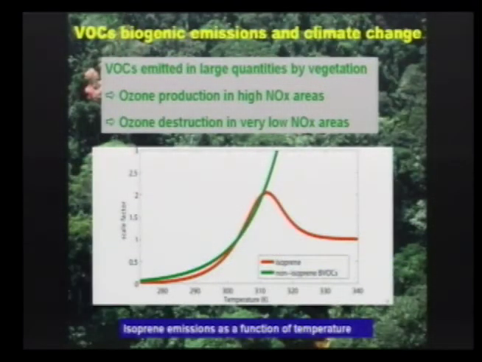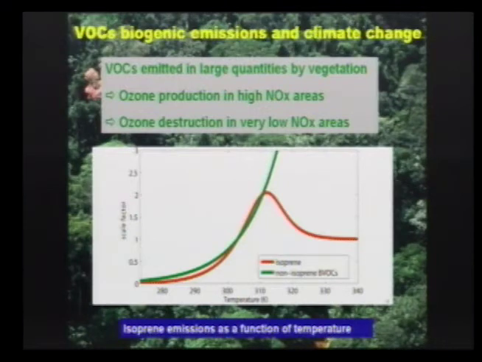If we look at organic compounds such as isoprene, which is a precursor of ozone and perhaps also of aerosols, and we look here at the red line, we see a large change in the emissions as a function of the temperature of the leaves, and for some other VOCs of biogenic origin, it might be an even stronger relation.